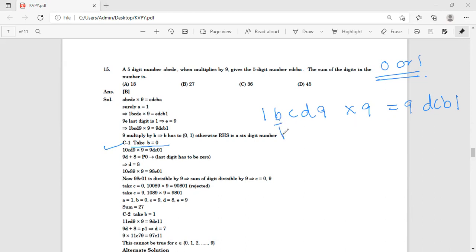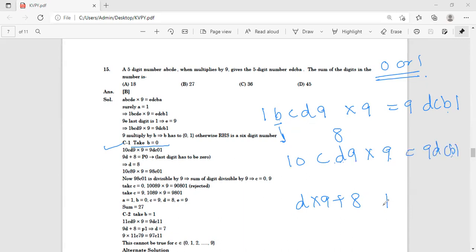If B is 0, suppose the number is 1 0 C D 9, multiplied by 9. When you multiply by 9, just start multiplying: 9 nines are 81. So D into 9 plus 8 should come as 0, because when you multiply, the answer should be like this.